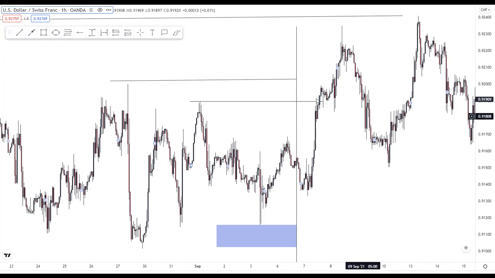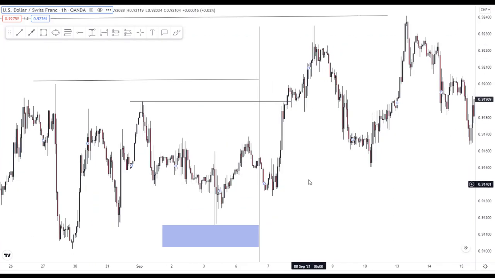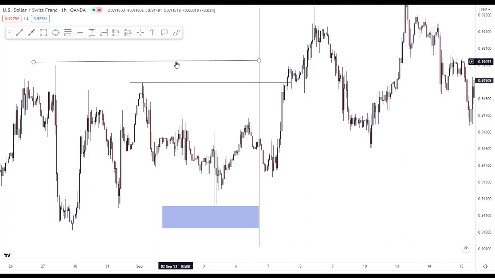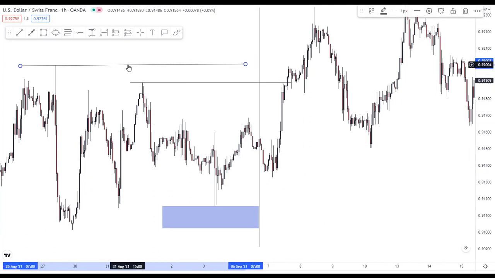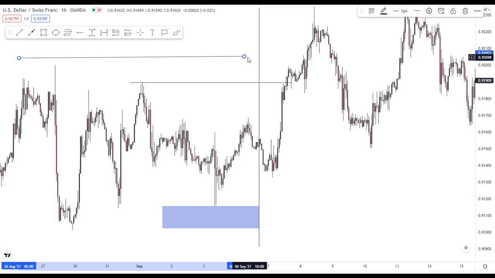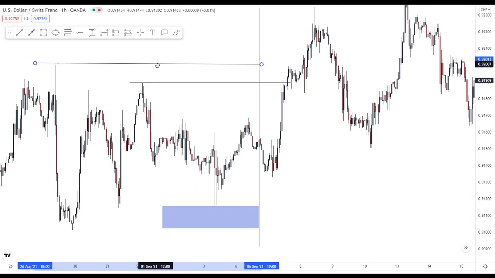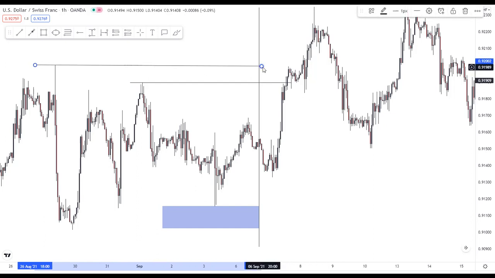It's not the straightest candle right there, but I'm just going to try to make it.